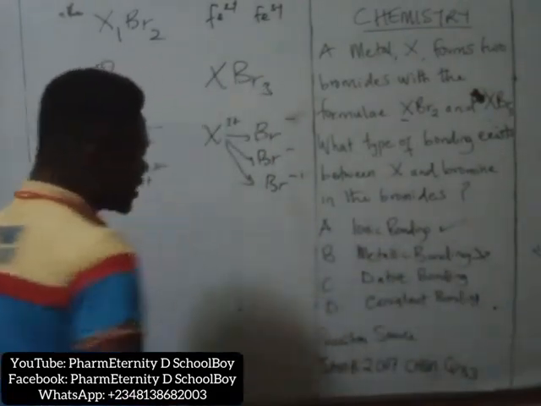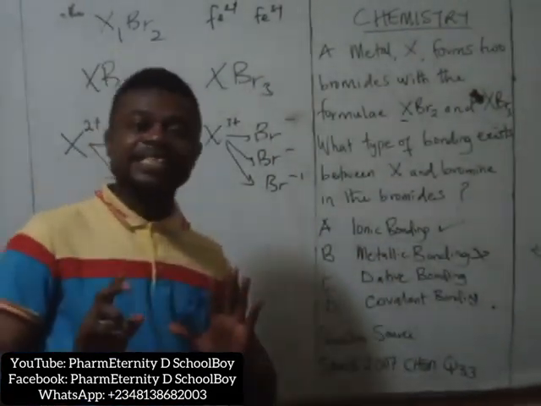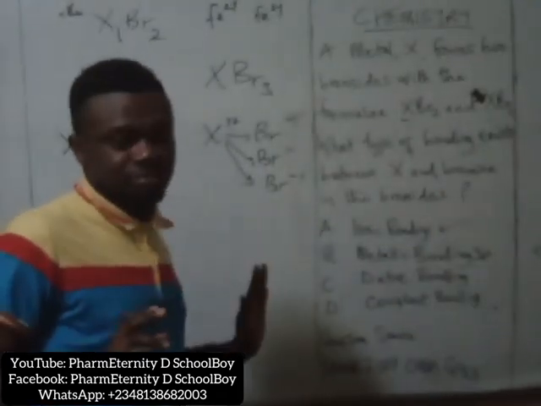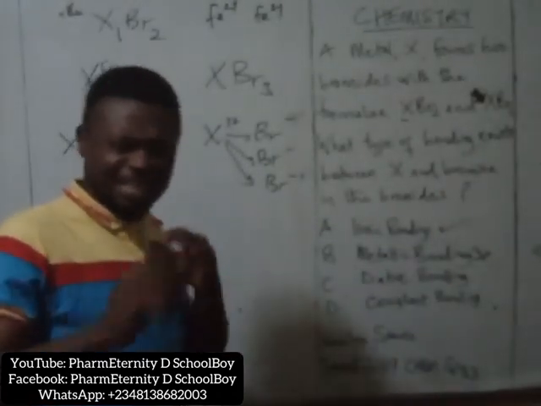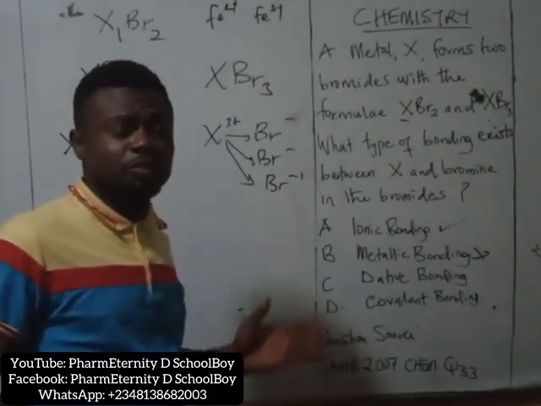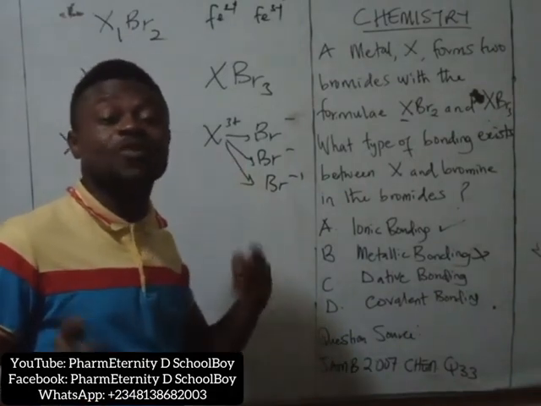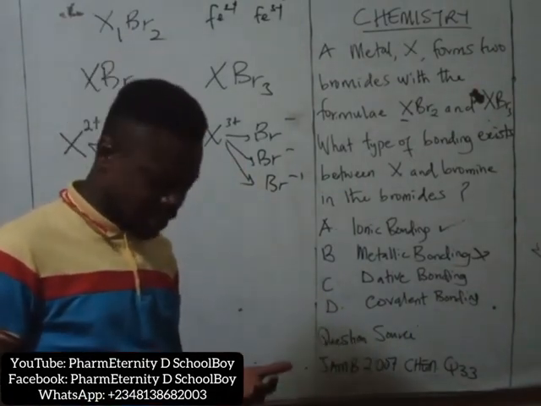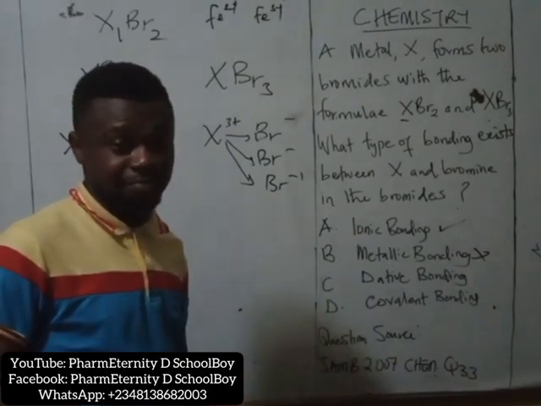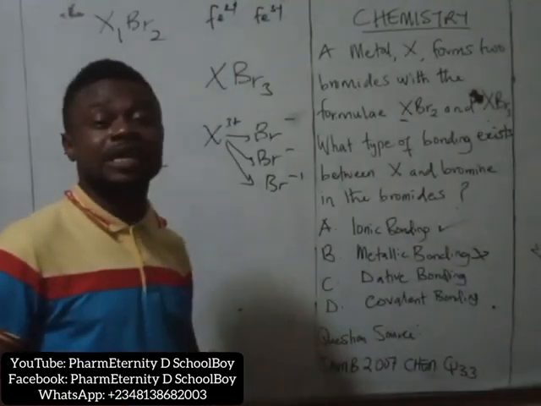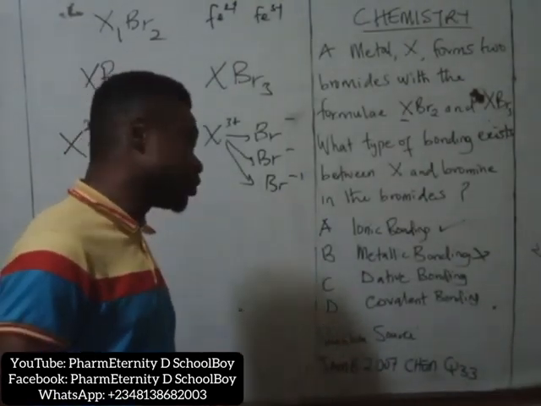Now, C, dative bonding. In dative bonding, there is sharing of electrons. Dative bonding is a type of covalent bonding. We have two types of covalent bonding: ordinary covalent bonding or coordinate covalent bonding. So dative bonding is also known as coordinate covalent bonding.